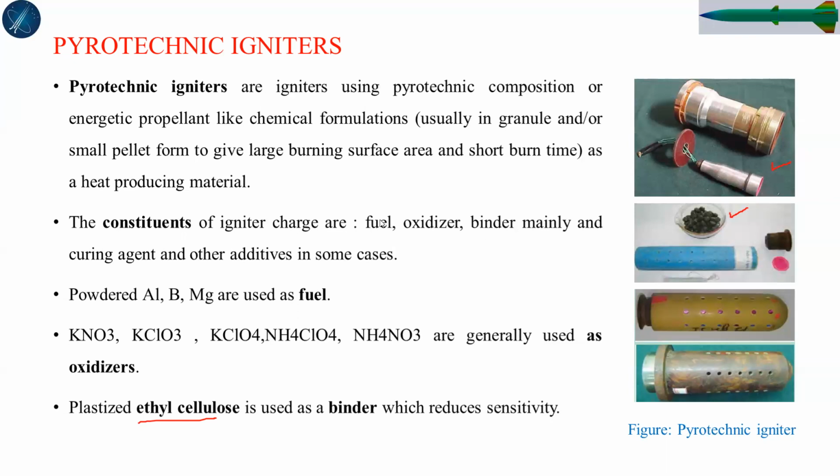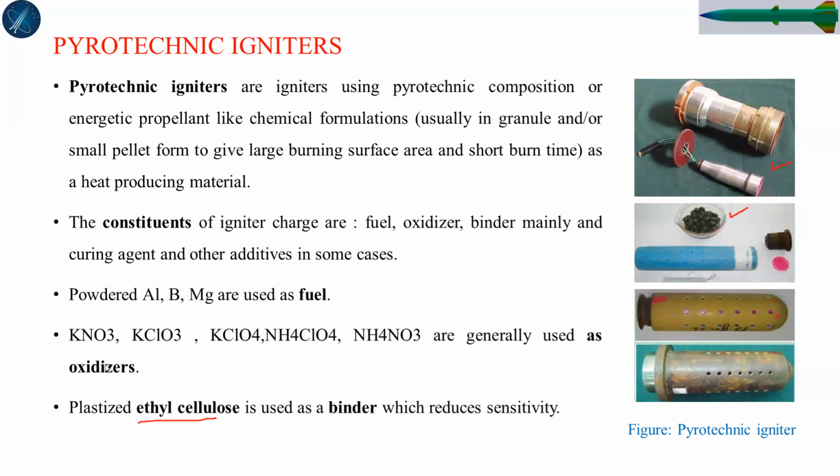Potassium nitrate and sulfur are the other components. Powdered aluminium, powdered boron, and powdered magnesium are also used as fuel. Charcoal is also part of this.